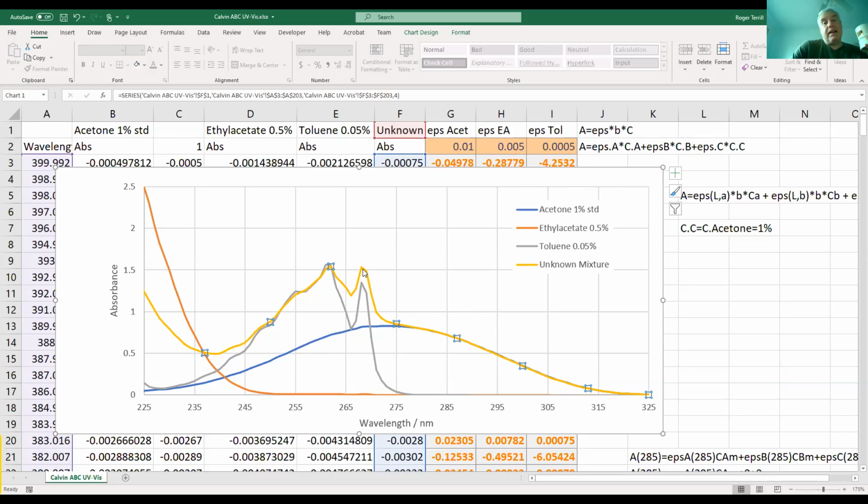I'm asking an obvious question, but I wanted to slow down your mind so you can see something clear here. This is actually 268 nanometers, absorbance of 1.5 for the mixture, and 268 nanometers, absorbance of 1.35 for the 0.05% toluene.